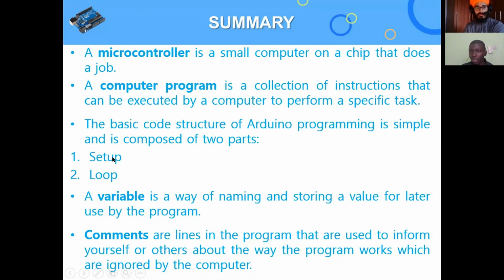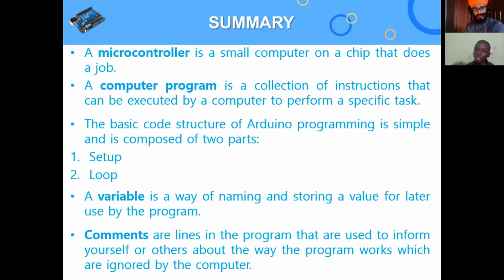The setup function is where you write code that is to be run only once. Any code you want to run only once, you write inside the setup. While for code you want to run repeatedly, like this sensor, if you put that digitalRead line of code inside setup, it will only give you one output, because the setup runs only once.